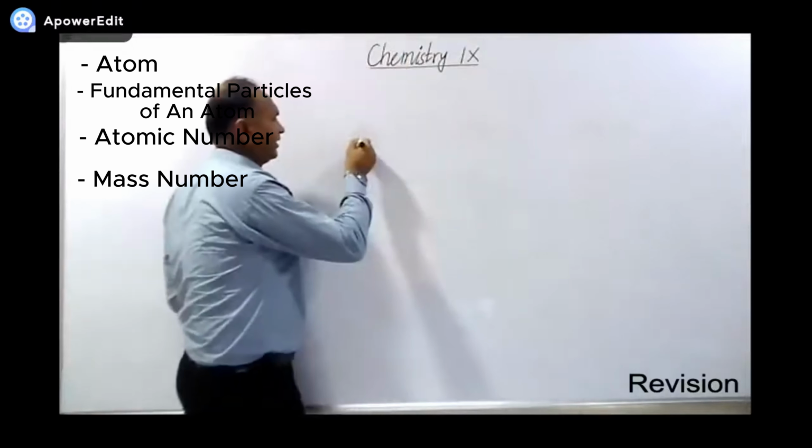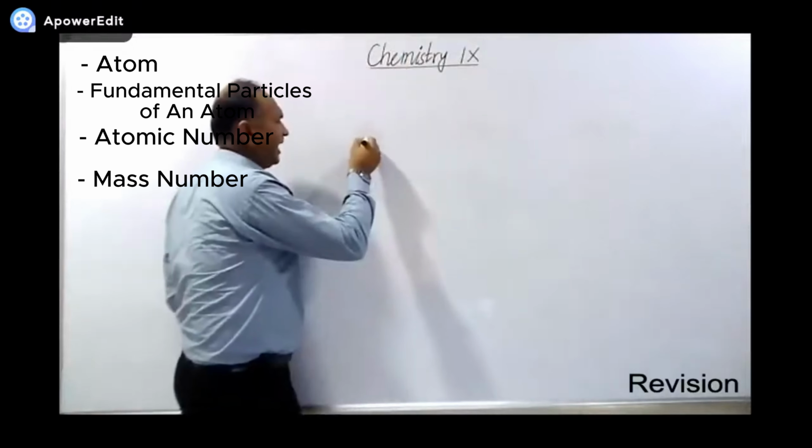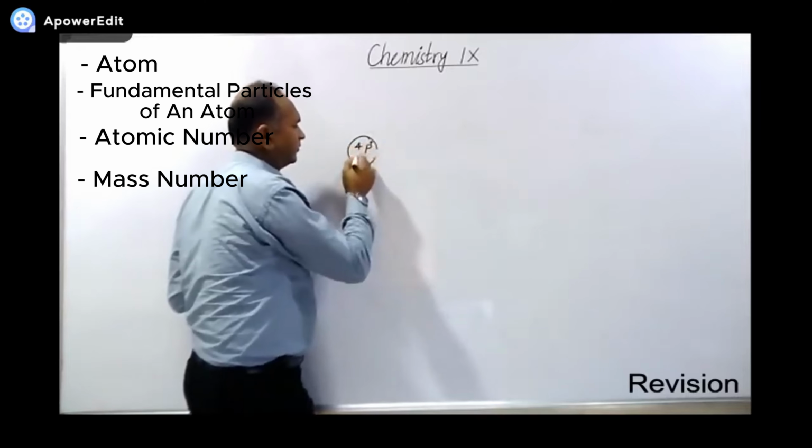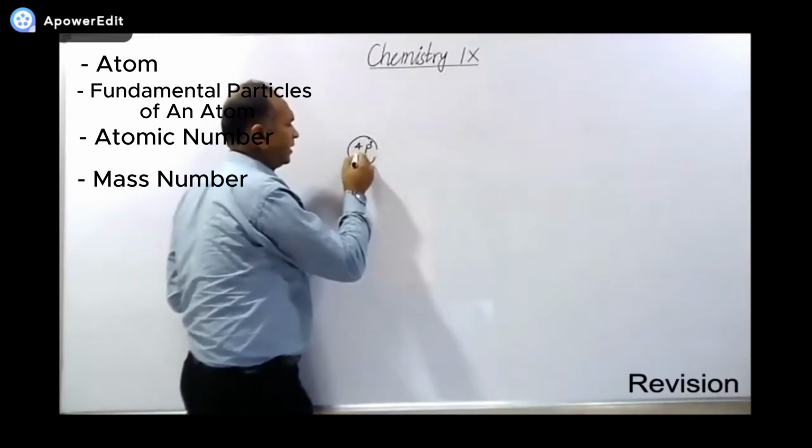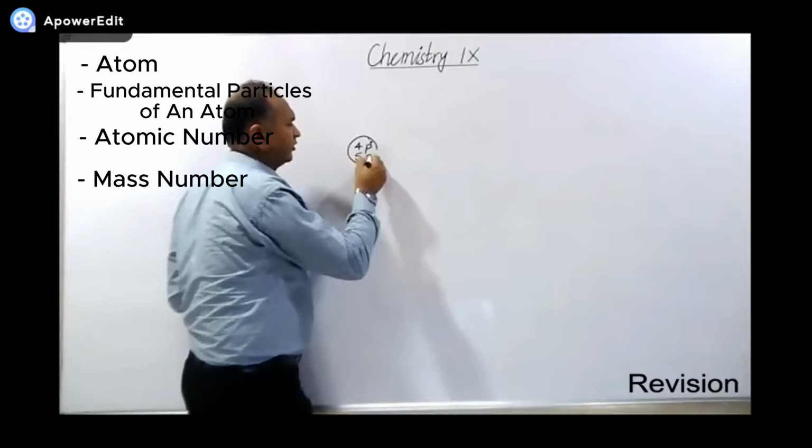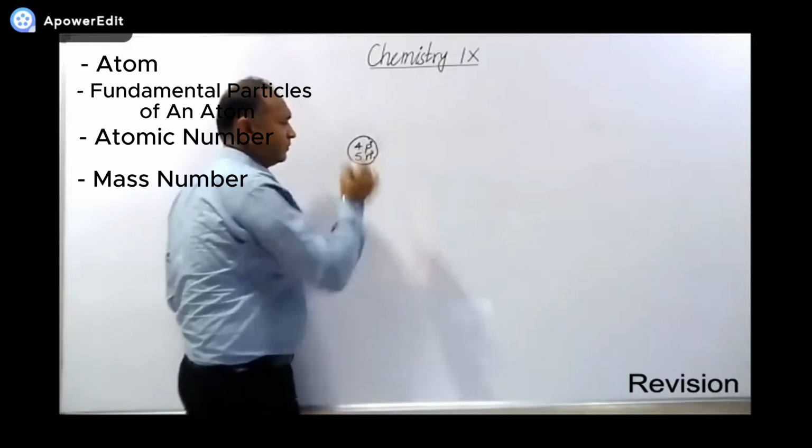Suppose we have an atom in which we have four protons, and 5 neutrons.